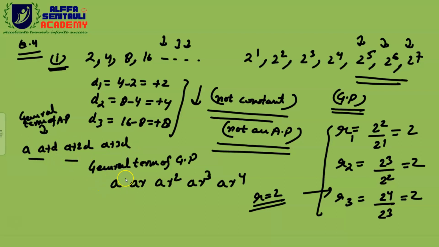In a similar way, if you divide, let's suppose you are finding the ratio of second term by first term, you will get AR divided by A, that is R. Then third term divided by second term, again you will get R. So this series is representing a GP, geometric progression.